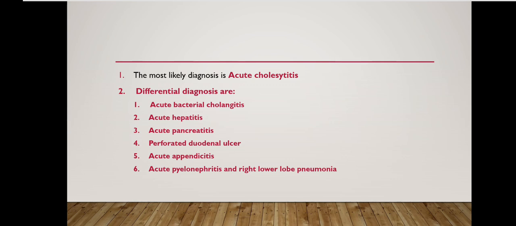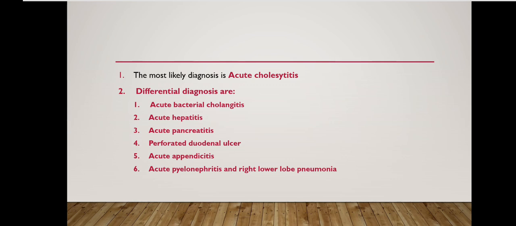In a perforated duodenal ulcer, there is also pain in the epigastric region, sometimes in the upper quadrant region, but there will be signs and symptoms of acute abdomen, that is guarding and rigidity, so we can easily exclude perforated duodenal ulcer from our likely diagnosis.